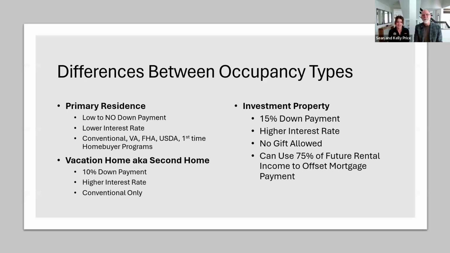The loan that Sean just mentioned a second ago, DSCR, is a new loan that we can do where we don't use the borrower's income at all. We don't look at how much they make. What we look at is whether the future rent will cover the mortgage payment.